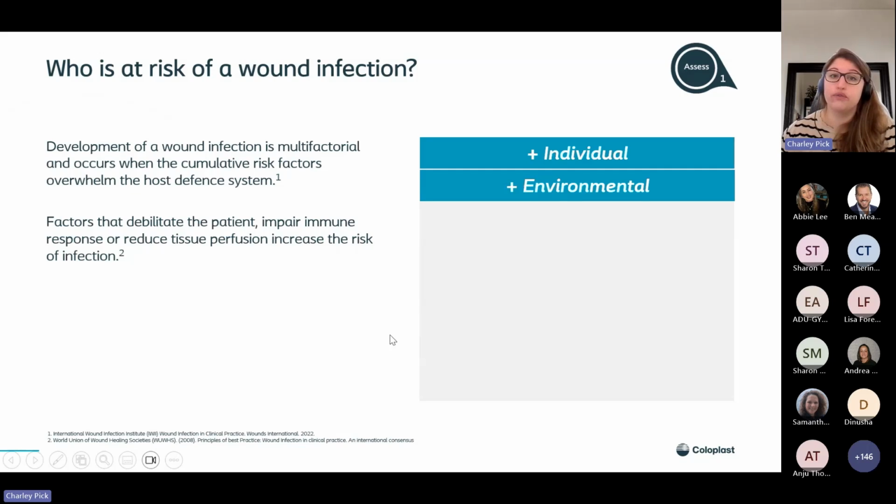So who is at risk of wound infection? Well, absolutely anybody is at risk of developing a wound infection. It's multifactorial and it occurs when the cumulative risk factors overwhelm that host defense, so that host defense is no longer able to fight it off and manage. Factors that will debilitate the patient, impair their immune response or reduce tissue perfusion increase that risk of infection.